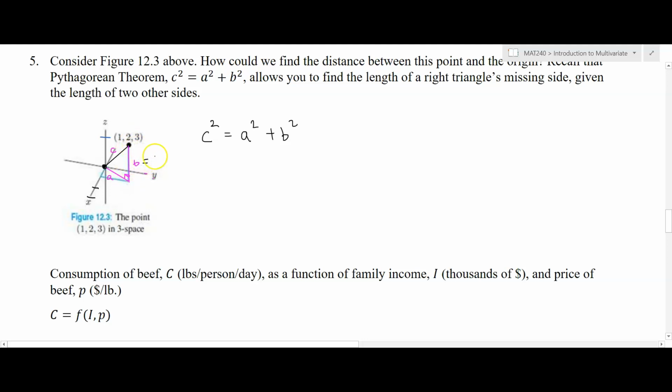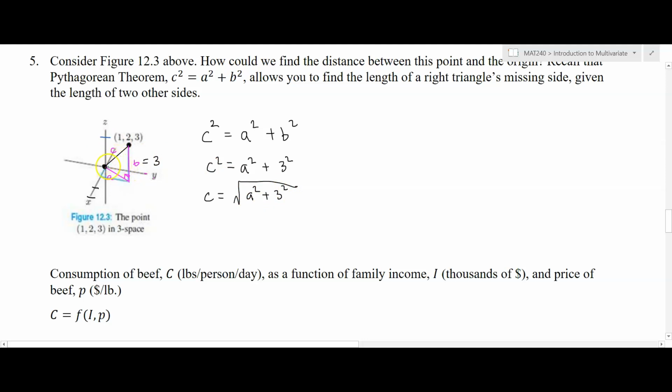So B is going to be equal to 3. So far I have C squared equals A squared plus 3 squared. But my problem is that I have 2 unknowns remaining. I want to solve for C. I know that's going to be the square root of A squared plus 3 squared. But I don't know A.